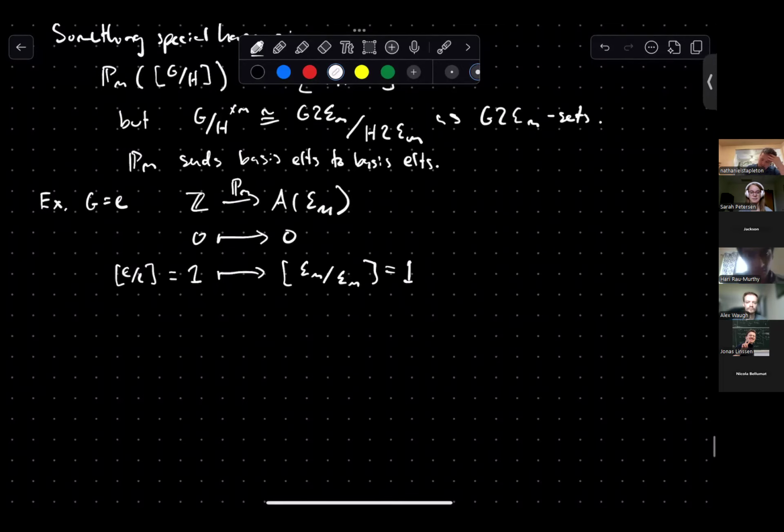And then things get interesting because we have to deal with the way that power operations interact with the additive structure. 2, it turns out, big surprise, is 1 plus 1.